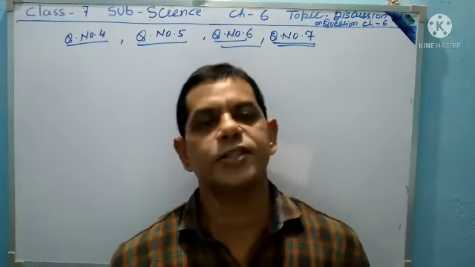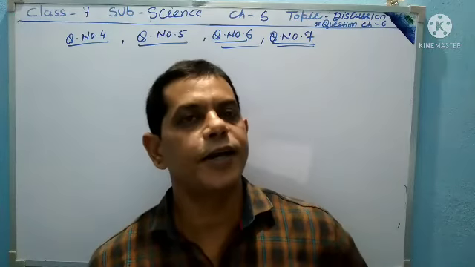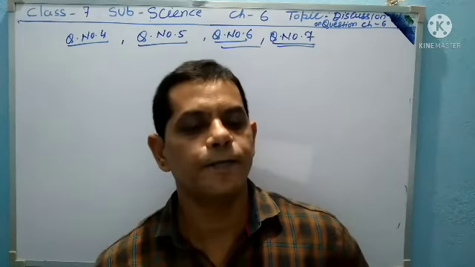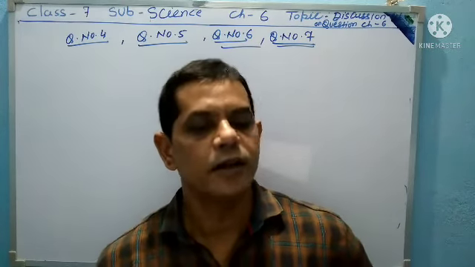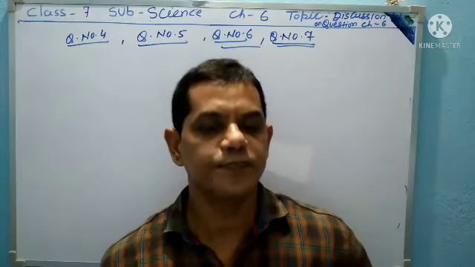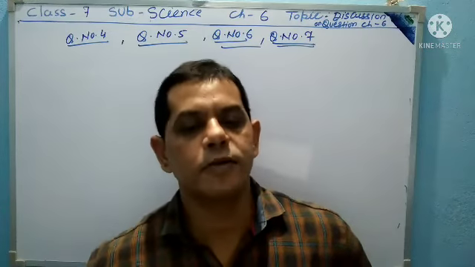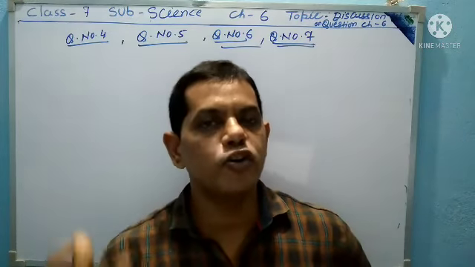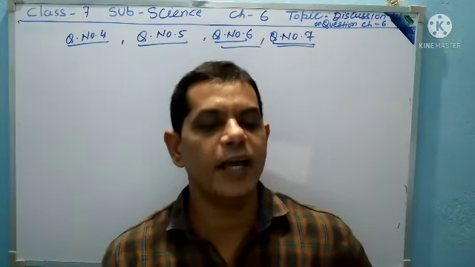Now, question number 4 is, when baking soda is mixed with lemon juice, bubbles are formed with the evolution of gas. What type of change is it? Explain.